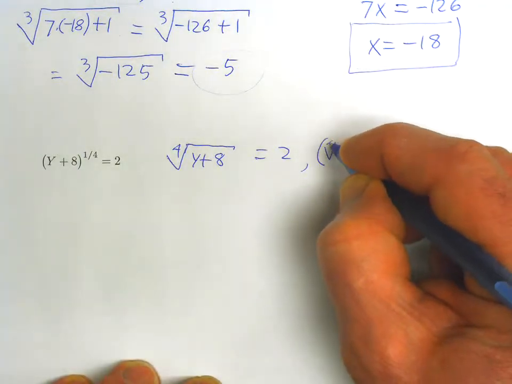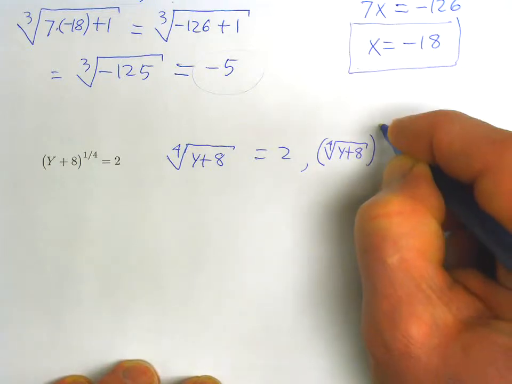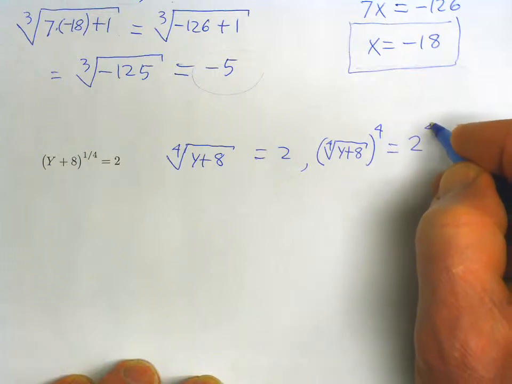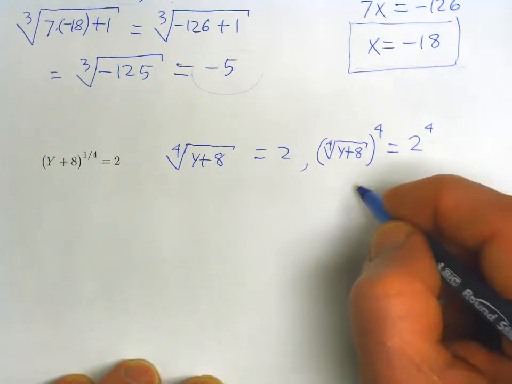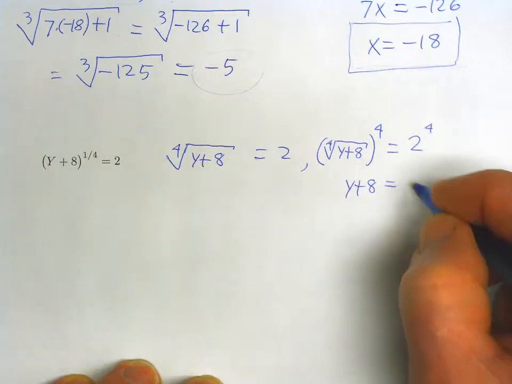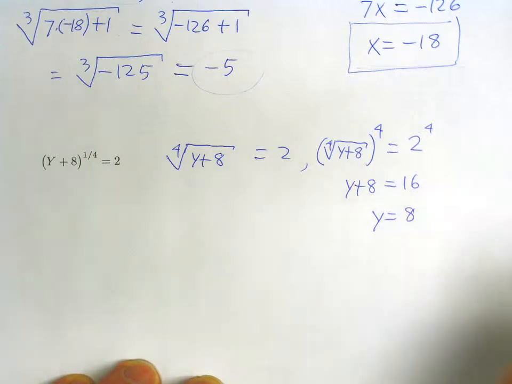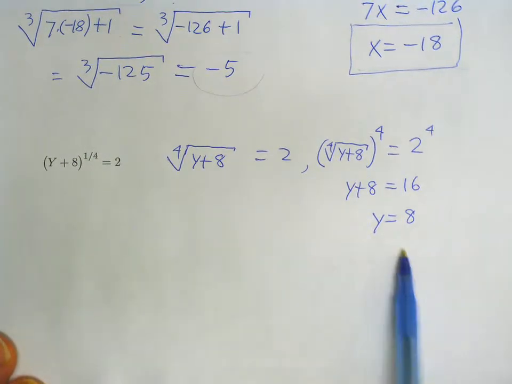The 4th root of y plus 8 to the 4th is just y plus 8, and 2 to the 4th on the right-hand side is 16. And y equals 8 is what you get. It's easy to check that this is a solution.